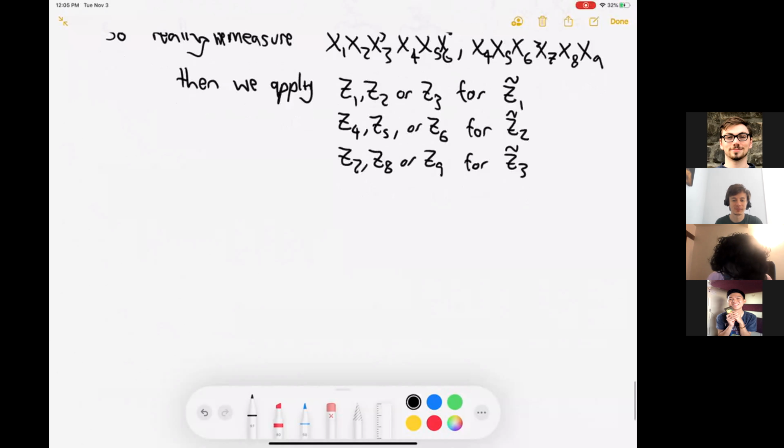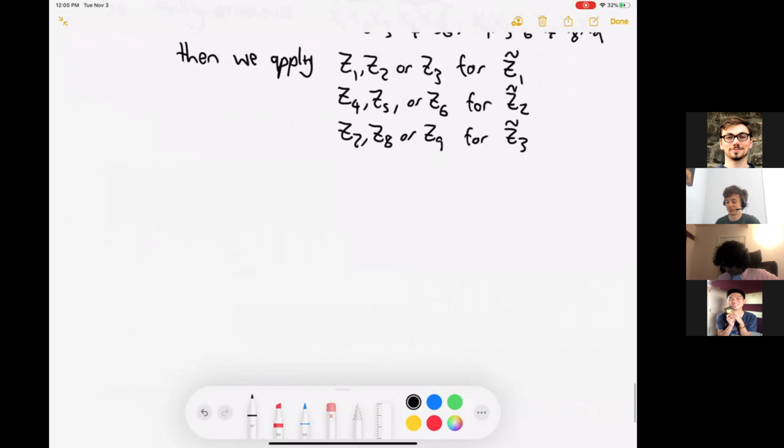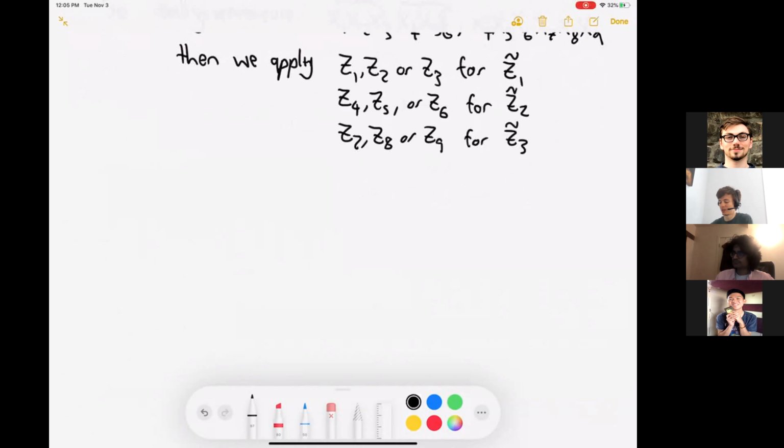Any other questions? Okay, so this is great. We're making a lot of progress. We can now correct two possible sources of error at once.